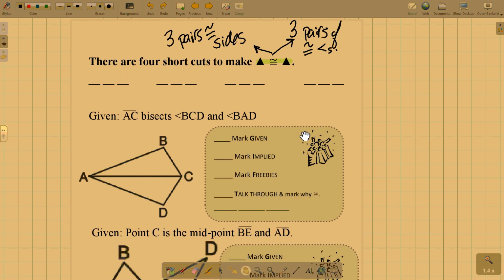Then we discovered that there are shortcuts. In these shortcuts, if these minimal things happened, then the triangles were congruent. Everything else was forced to be congruent.